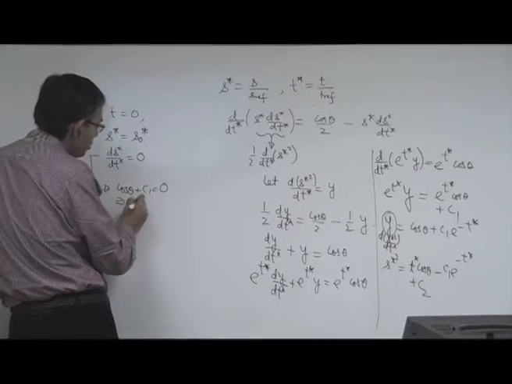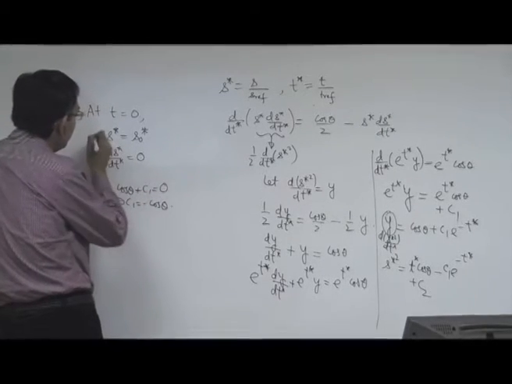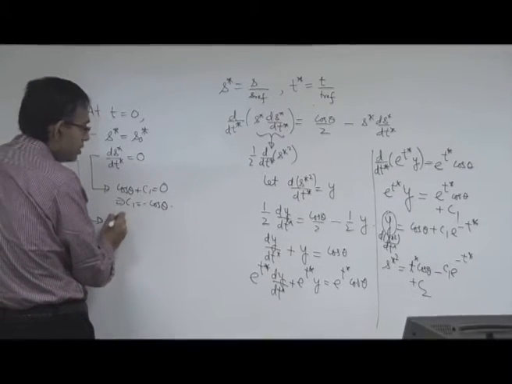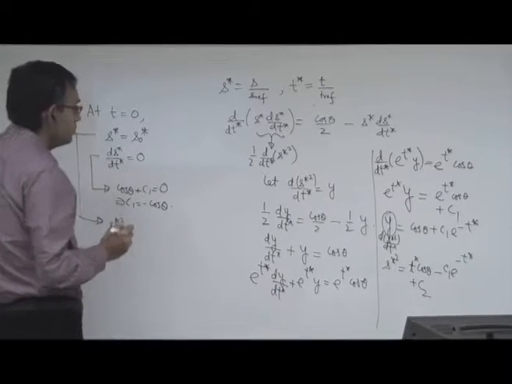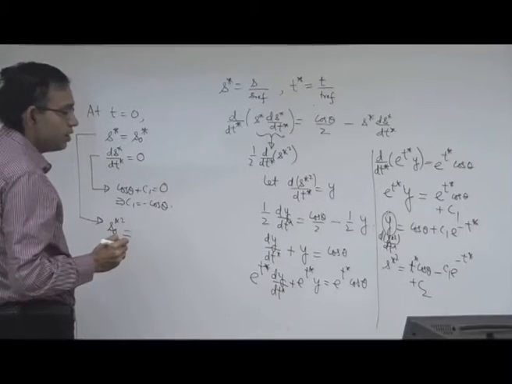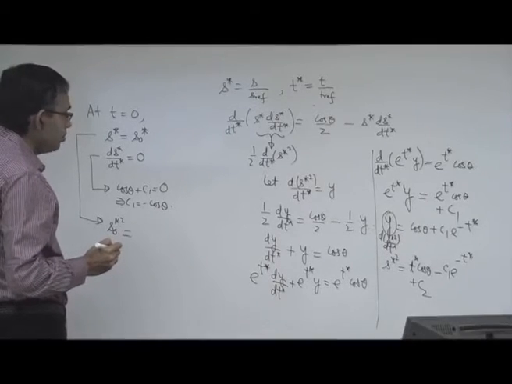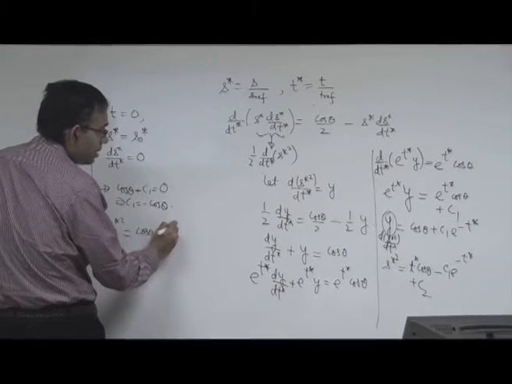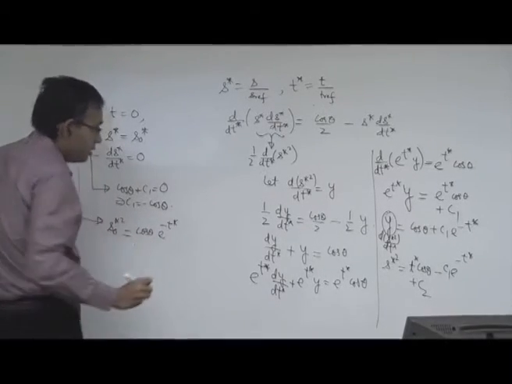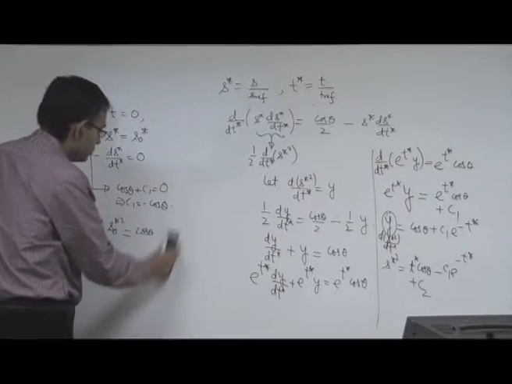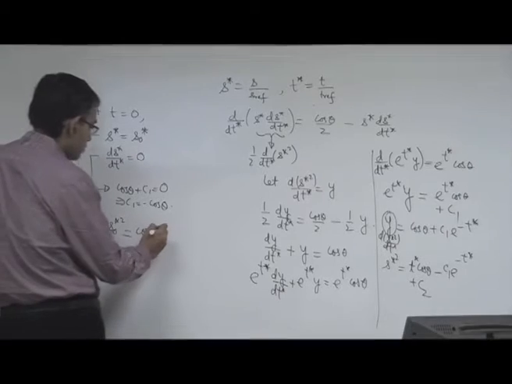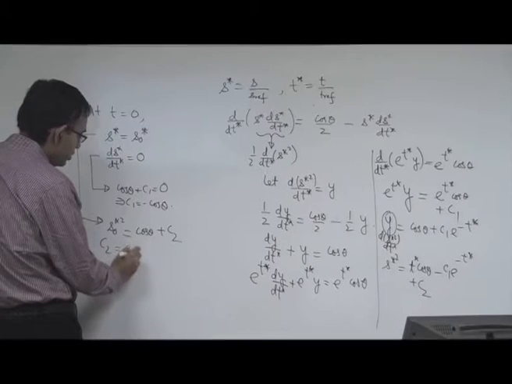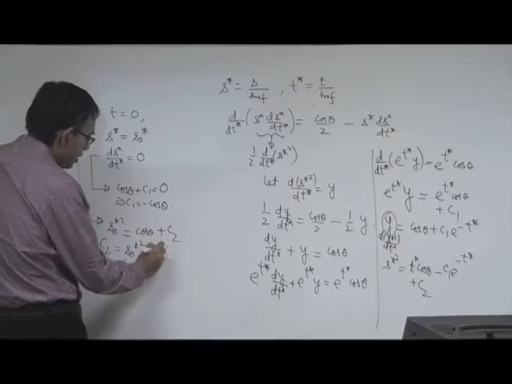So, C1 is equal to minus cos theta, and from here S0 star square is equal to T star cos theta, that term will be 0, C1 will be minus cos theta. So, cos theta into e to the power minus T star is 0, plus C2. So, C2 is S0 star square minus cos theta.